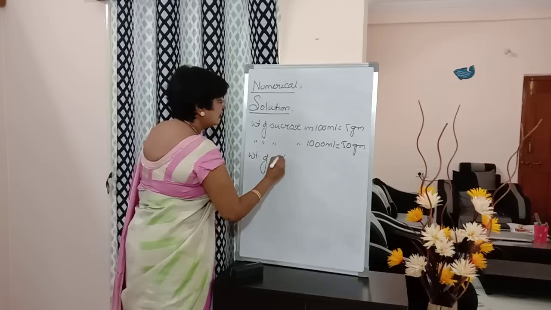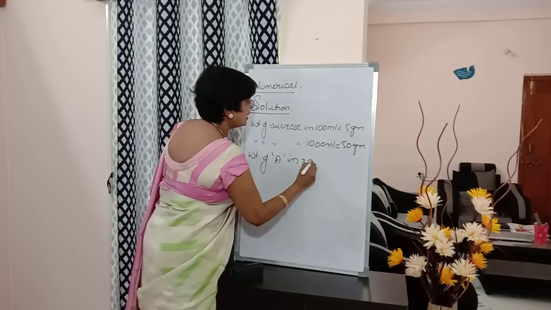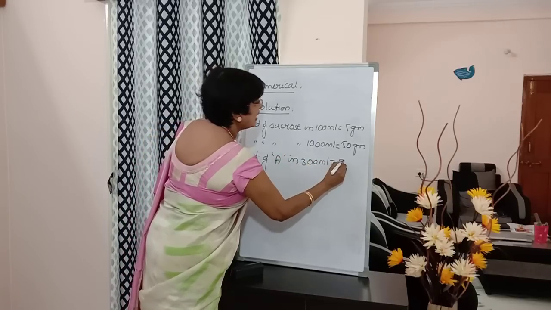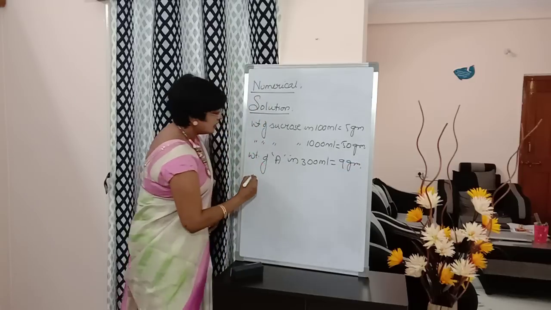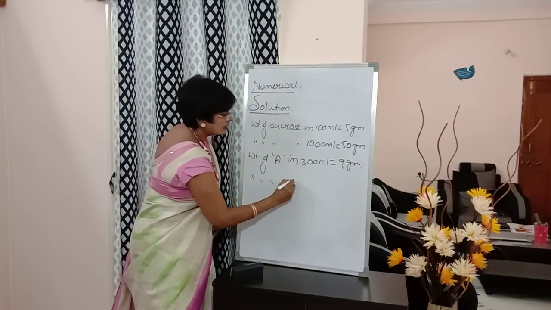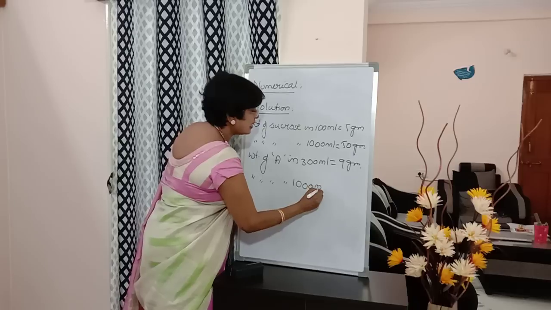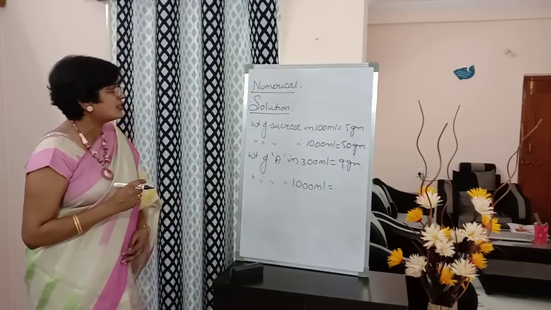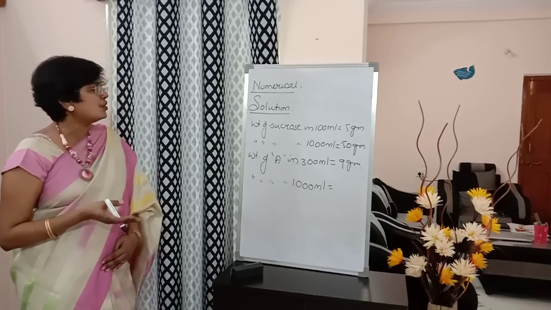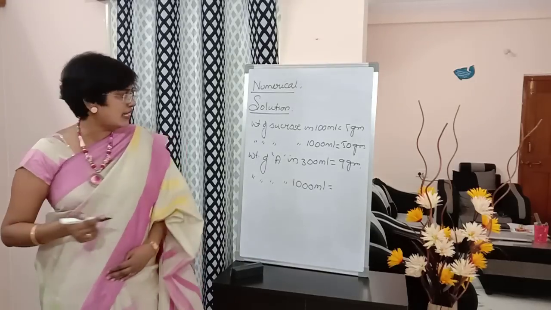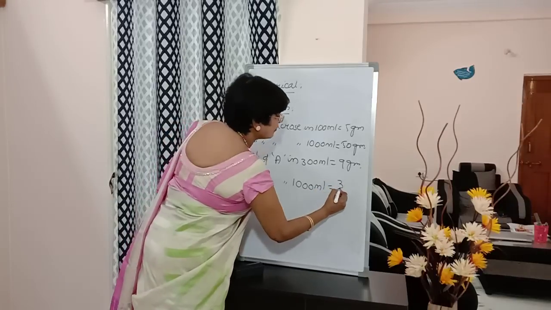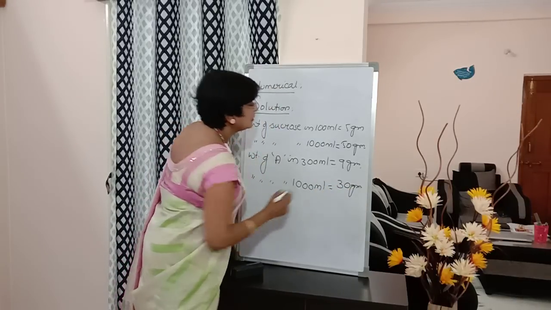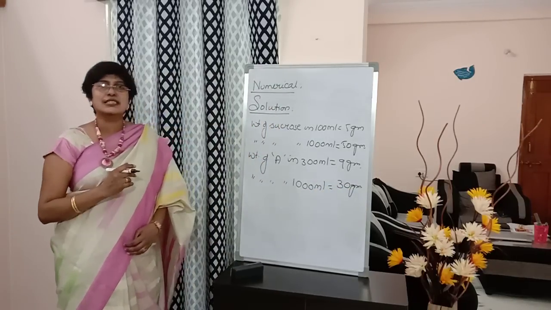A. In how much it is given? 300 ml. 9 grams. Okay, same weight of A in 1000 ml is equal to how much? 300 ml, 9 grams. 1000 ml, how much? 1000 into 9 by 300, that is 30 grams. 30 grams.